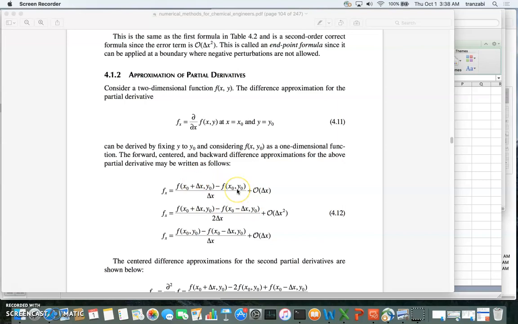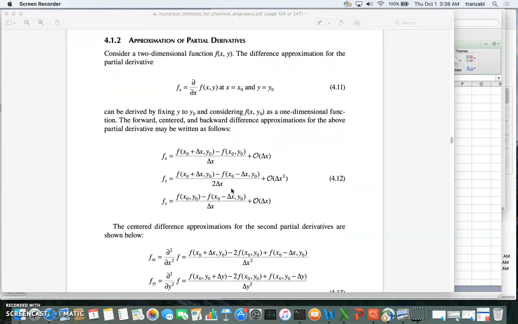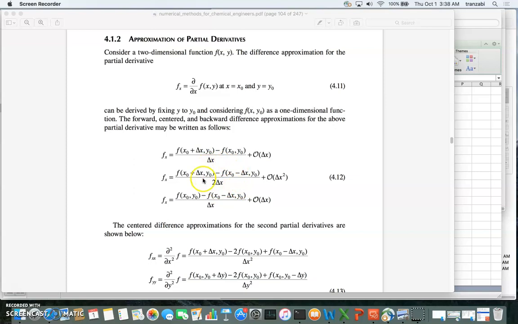This approach is on the order of delta x, and it is called first order approximation. It is a forward difference because we're using the point after point xi to calculate the derivative at point xi. We can do central difference. So this is the central difference version of the partial derivative with respect to x.